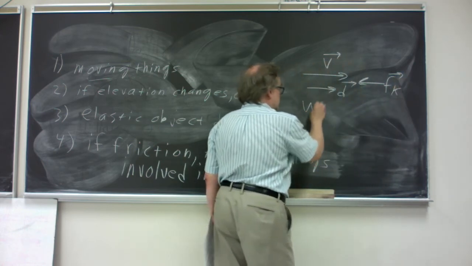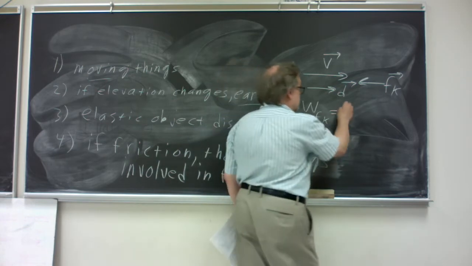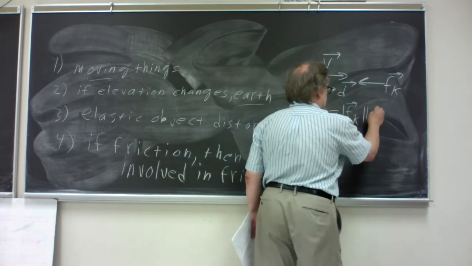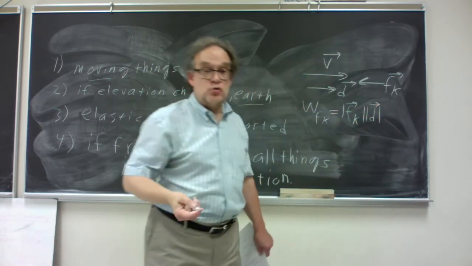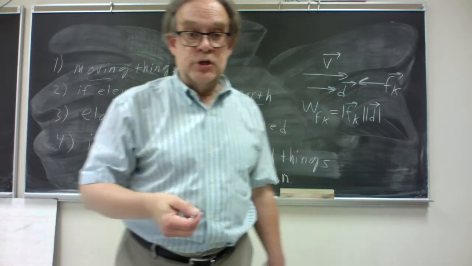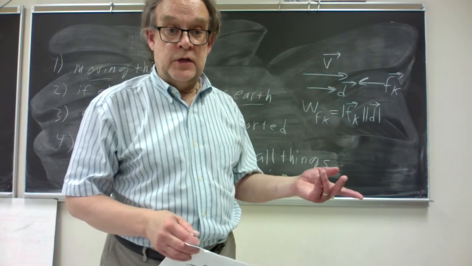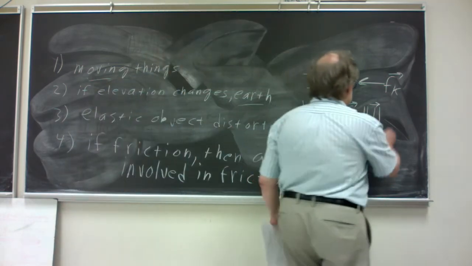So the work done by the friction is just the magnitude of the friction times the magnitude of the displacement, the distance traveled while the object was feeling that kinetic friction force, times cosine of the angle between displacement and friction.